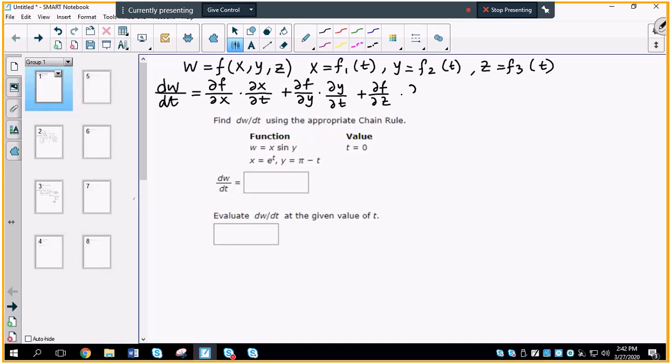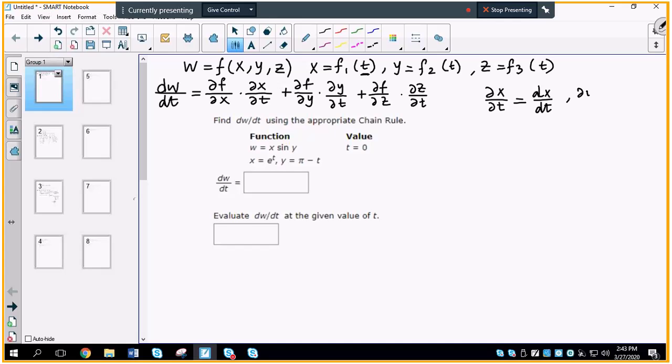One thing I want you to understand when I'm doing del x del t, del y del t, or del z del t, if you look at these functions, x is a function of t alone. There is only one independent variable. So your del x del t term, if you want, you can actually write it as dx dt. That's equal to the total derivative because I don't have more than one direction.